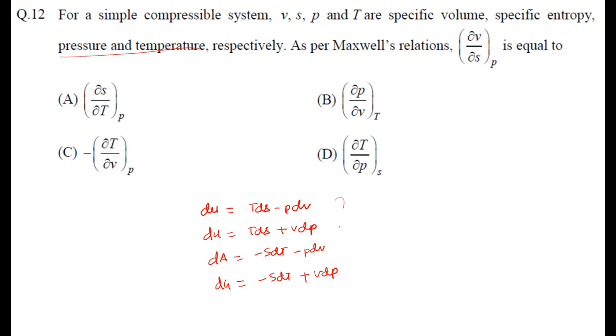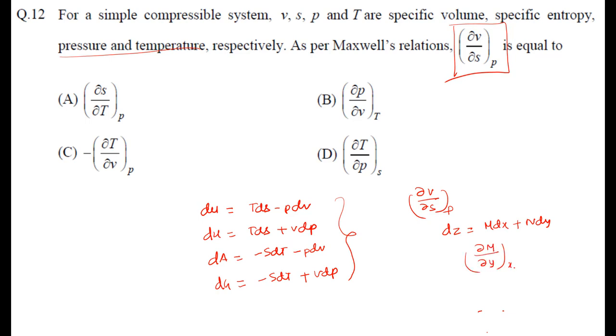So these are the four Maxwell equations we have. Here the question is asking about delta V by delta S at constant P, right? We know that if an equation is something like M dx plus N dy, then delta M by delta y at constant x is equal to delta N by delta x at constant y.